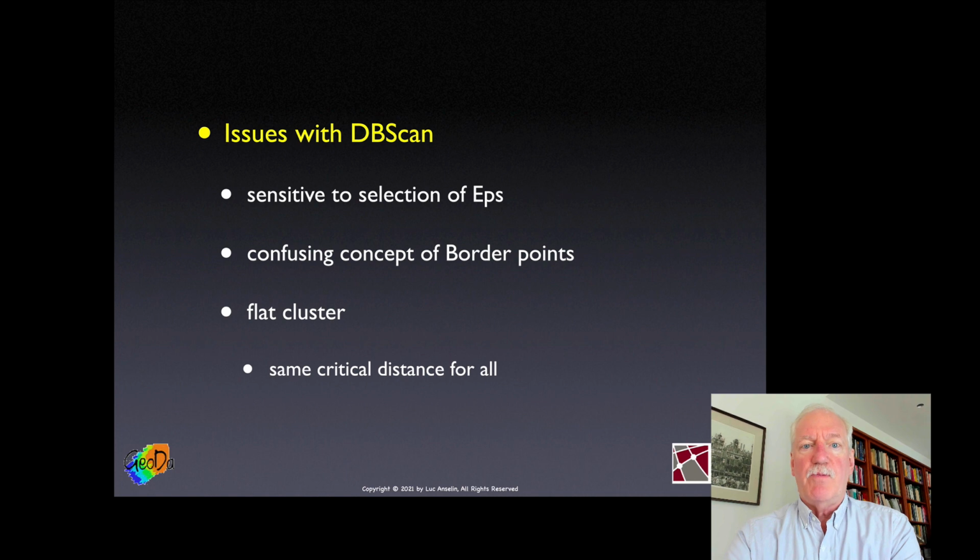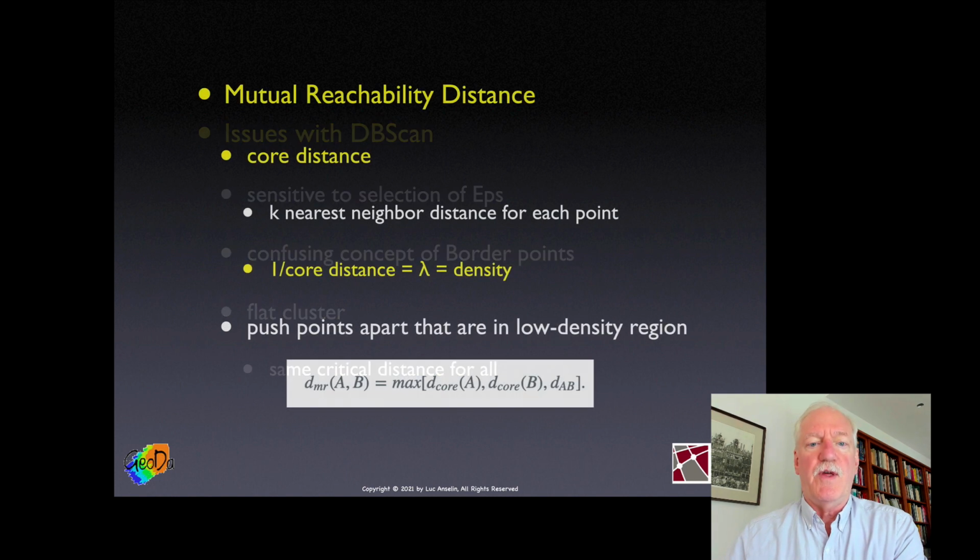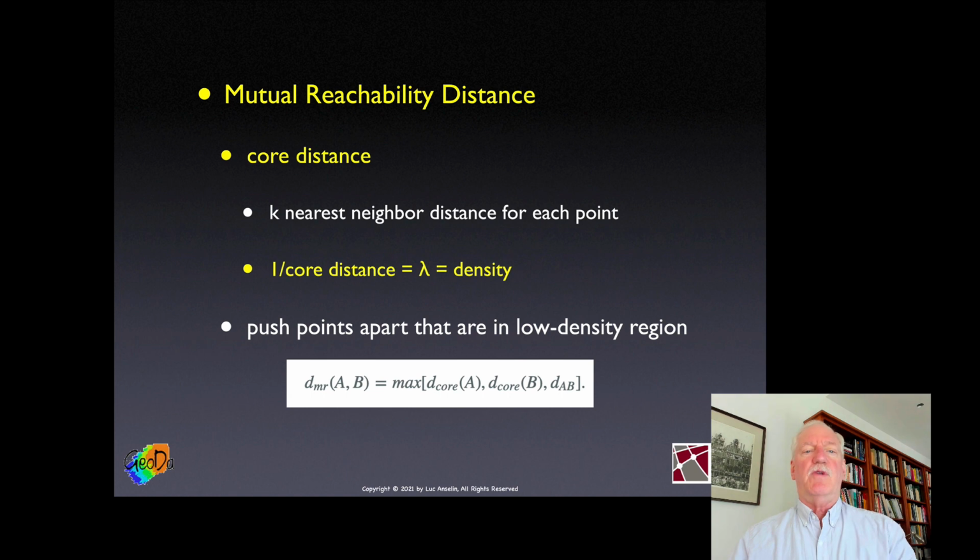In essence, what it boils down to is that the same epsilon distance, epsilon threshold, is used for all the points. So the bandwidth, so to speak, is fixed, and we will move to some more flexible notion of a bandwidth with the concept of a mutual reachability distance.